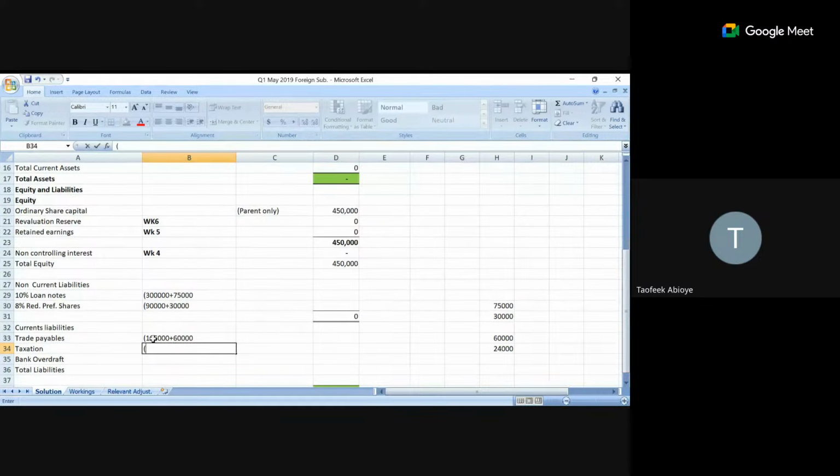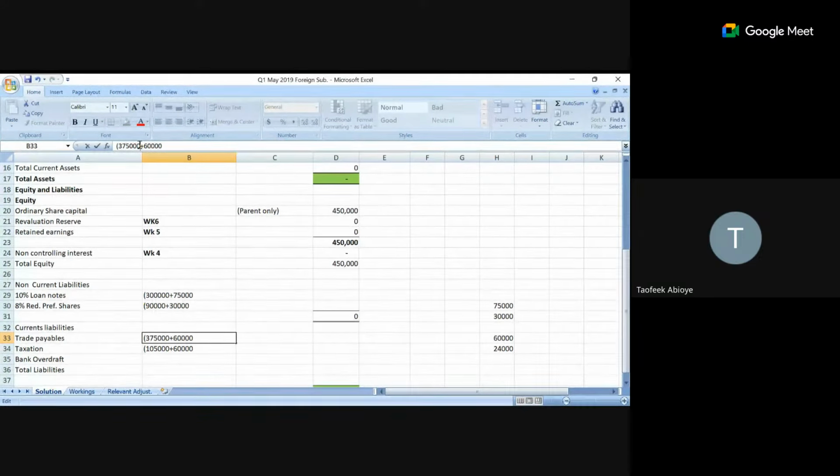Oh, trade payables, we have mixed it together. Let's copy this and paste it here. So trade payable of parent company is 375,000. I've mixed it up. Yes, 375,000. Thank you for bringing that up.